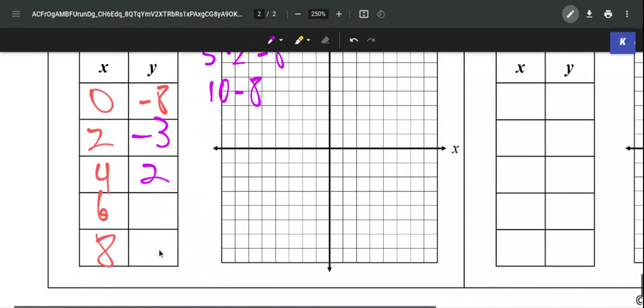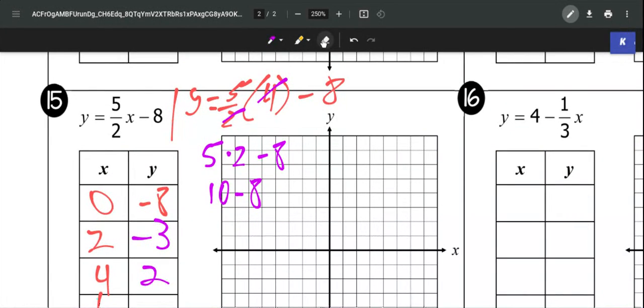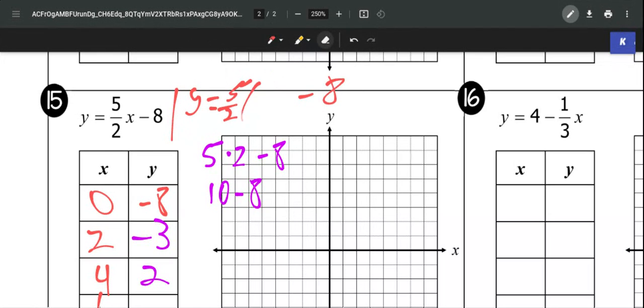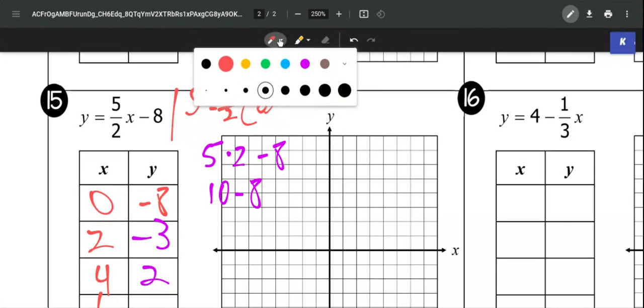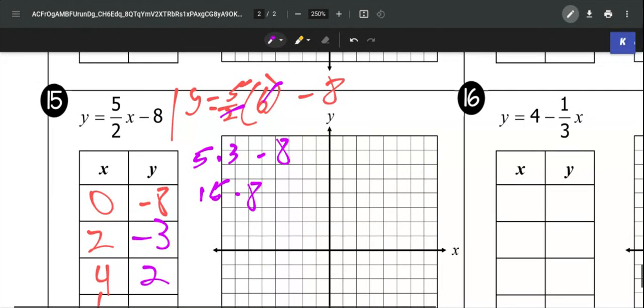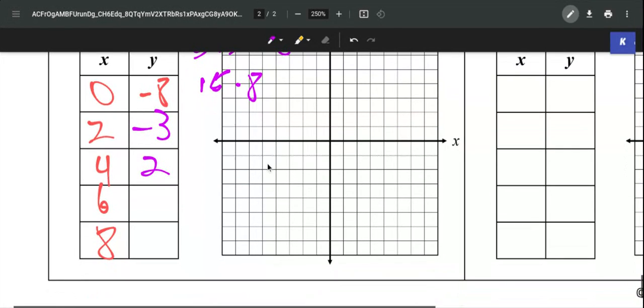Then the last two are 6 and 8. So we'll do those doing the same exact thing. So 5 over 2. Now we're plugging in a 6, and we can divide across the diagonal here. 6 divided by 2 is going to be 3, so we'll actually have 5 times 3 minus 8, which is 15 minus 8, which is 7.